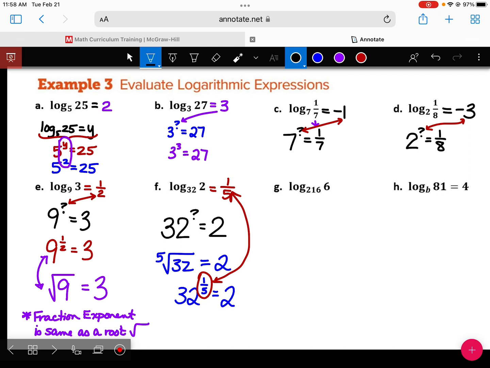Then you can start guessing and checking some things in your calculator. So 32 to the, I know I have to try a fraction. If I try 1/2, that's not 2. Let's try 1/3. It's still too big. I'm going to make my denominator bigger and bigger to make that much smaller. Okay. Does that help?